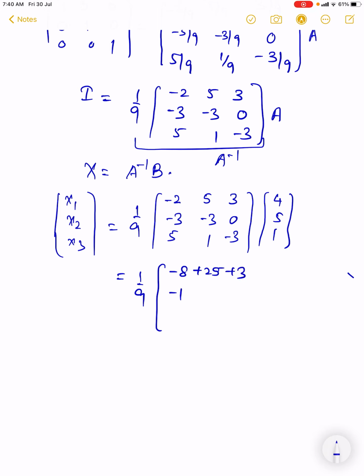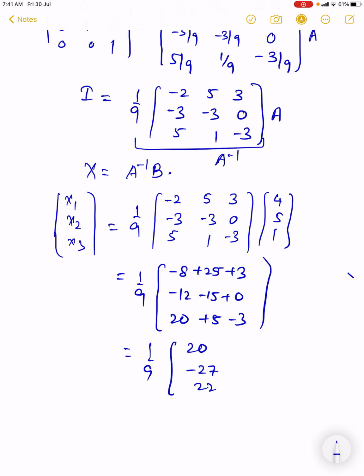Then minus 12 minus 15 plus 0. 20 plus 5 minus 3. This is 1 by 9. This is 20. This is minus 27. 22. So x1 equals 20 by 9.